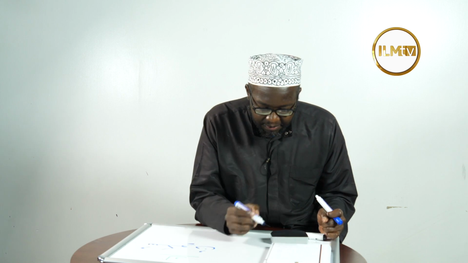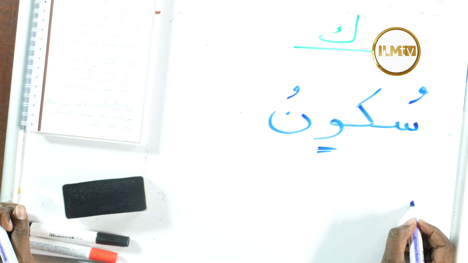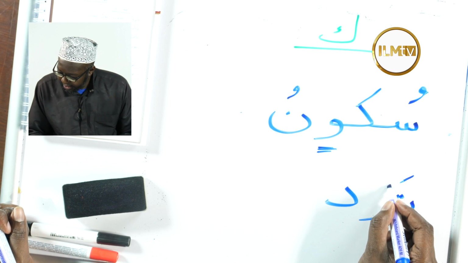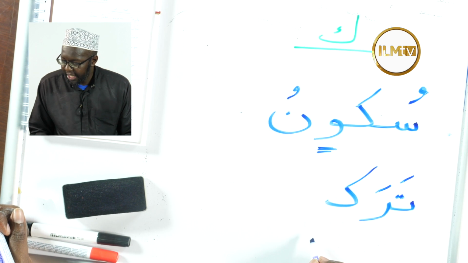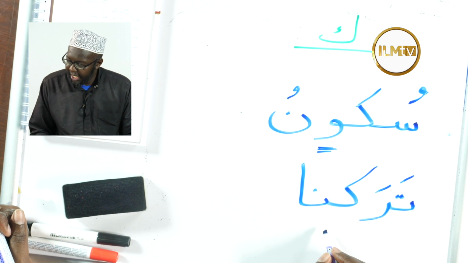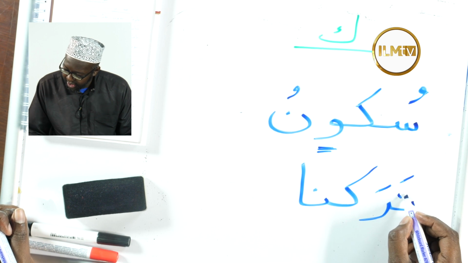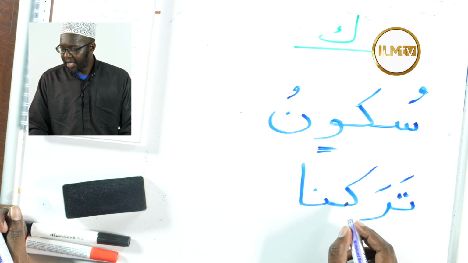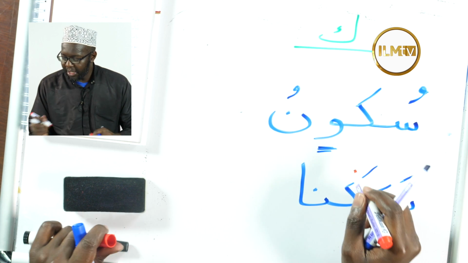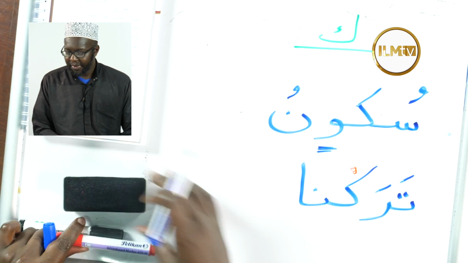Let's have another example, which is ta, ra, that becomes a K. Tarak, na, tarakna. Let's put this far apart so that they are clearer. Tarakna. You know, when there is no vowel, you just put sukun over there. Tarakna.